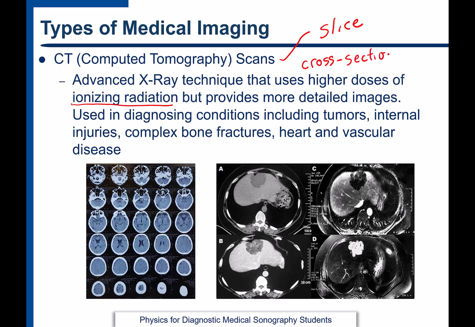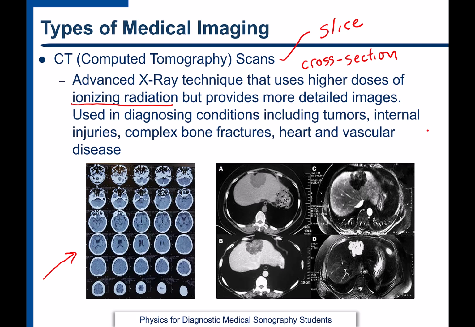And so what you'll notice is that when we look at a CT scan, we're literally looking at slices of a particular part of the body, or one plane of that part of the body. The image here on the left are the CT scans of someone's head, and you'll notice it's literally giving us a picture of a cross-section of the head at different places as it goes through the head.